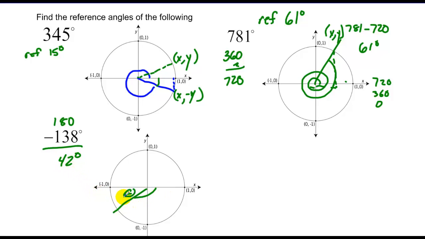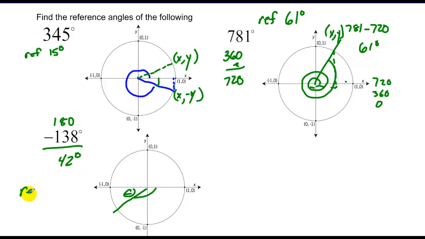Now, even though I'm rotating in a negative fashion, the reference angle is always defined as a positive angle measure, only because it's a distance, and distances are measured in terms of absolute value.